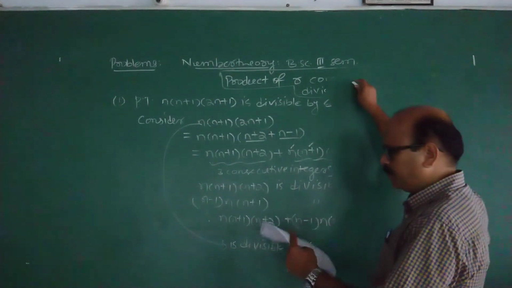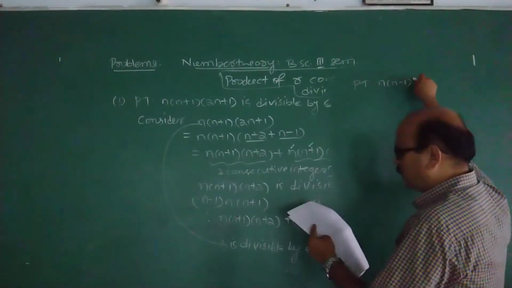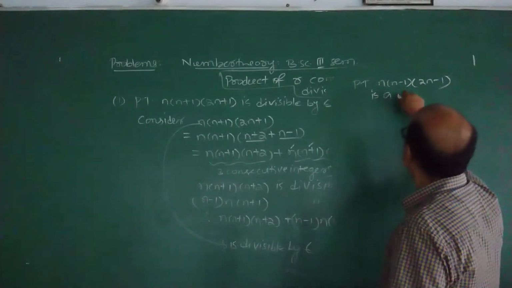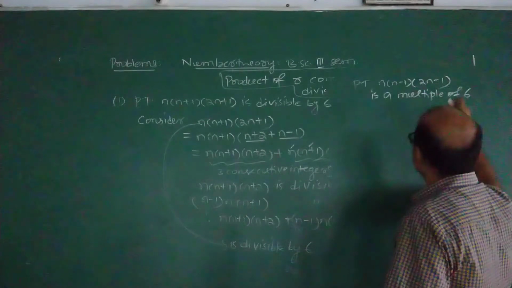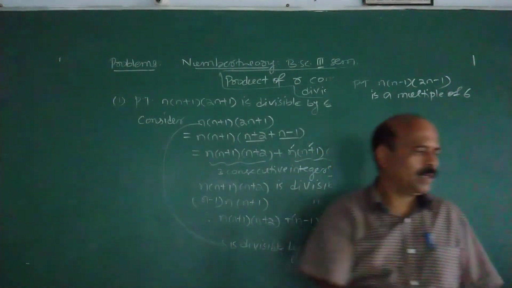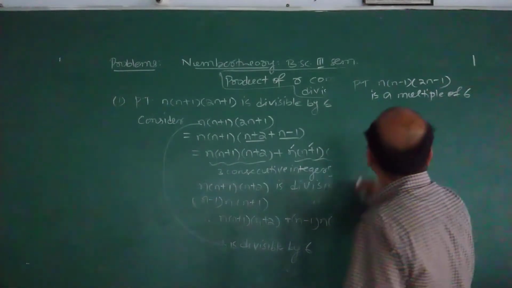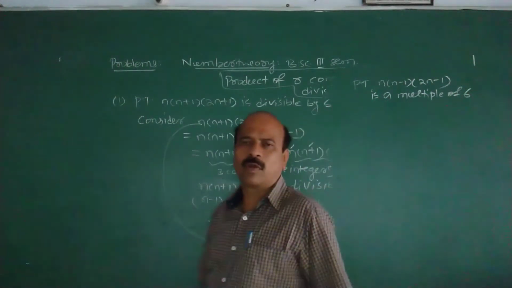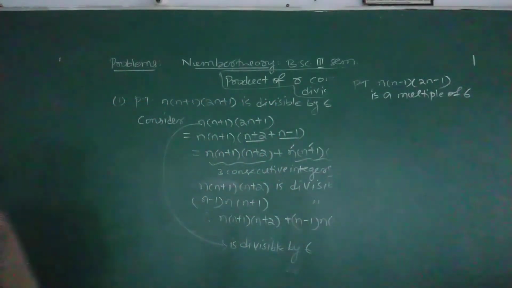Next problem. Prove that n into n minus 1 into 2n minus 1 is a multiple of 6. Here also we express this as a product of three consecutive integers.